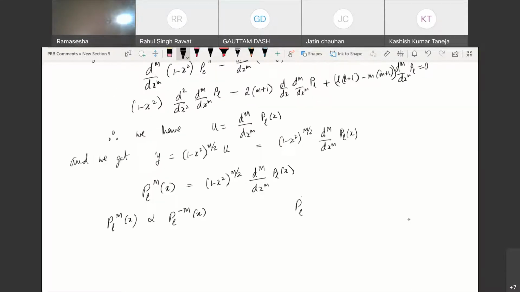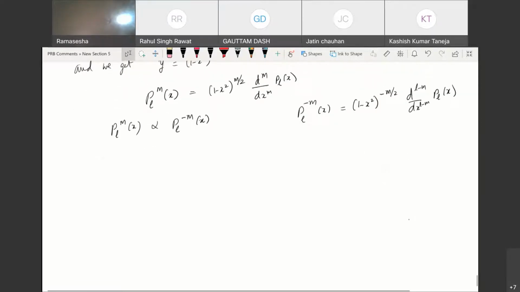So P_l^{-m} is equal to (1 - x^2)^{-m/2} d^{l-m}/dx^{l-m} of ... Okay, so that is what we mean by it.